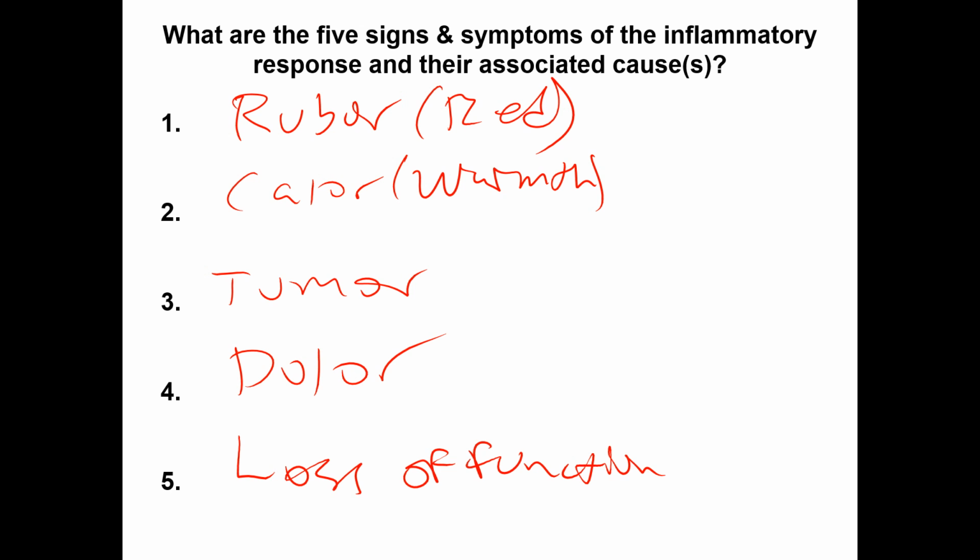You have tumor, which is indicative of swelling, or edema. Along with this, in the vasculature near the site of injury, you have increased vascular permeability. That means that the fluid plasma within the vasculature leaks into the underlying tissues, so increased extracellular fluid, basically. And so it causes that area to swell.